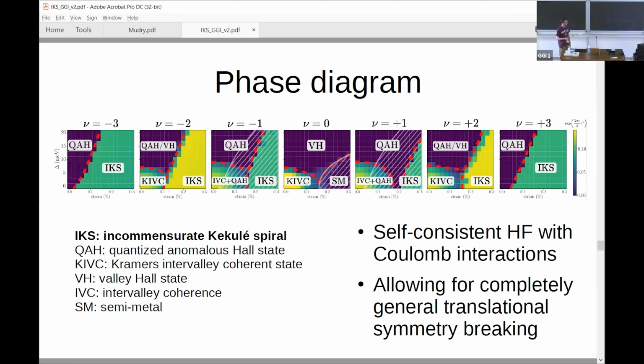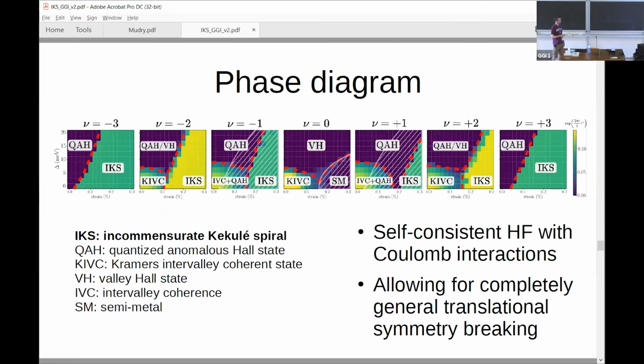And so here's the main result I want to present, which is the sort of complete phase diagram of twisted bilayer graphene at all the different integer fillings. And on the x-axis, I'm always showing the strain between 0 and 0.3%. And on the y-axis, I'm showing the sublattice potential.